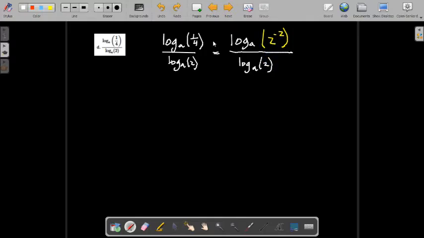Which means I can bring that power out the front. And because I've got log a of 2 over log a of 2, I can cancel those out, so I just get minus 2.